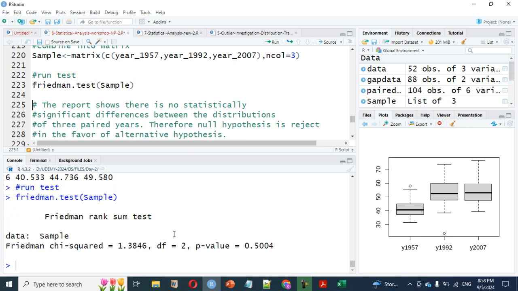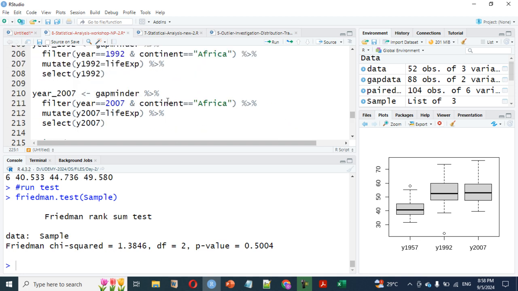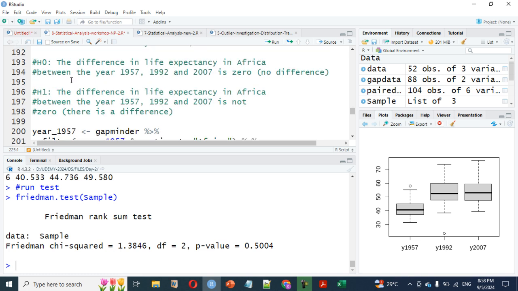So let's run. We have a non-significant result. You can see the Friedman test is not significant, 0.5, which means we go back to our hypothesis now. The difference in life expectancy in Africa between these years is 0 or no difference, because it's not significant.